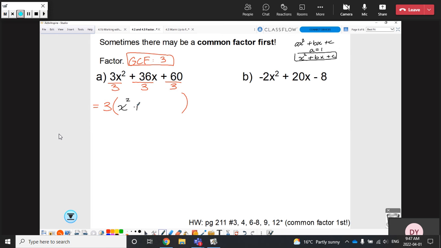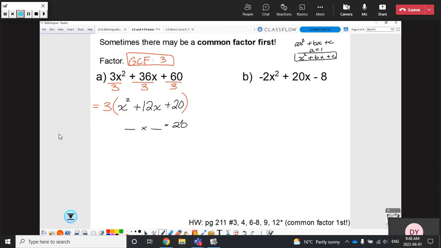Plus, what do we got? 12x plus 20. Lovely. Okay, so we got that far. Great. That 3 must stay out front. So, can we go one step further? Look inside the brackets. Something times something is going to equal 20.